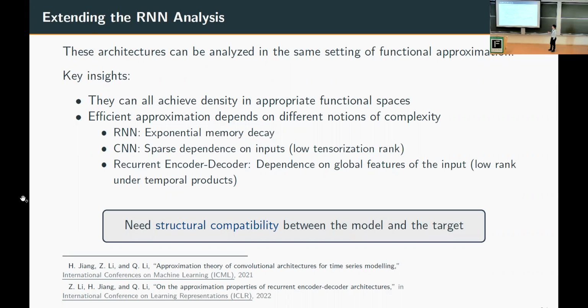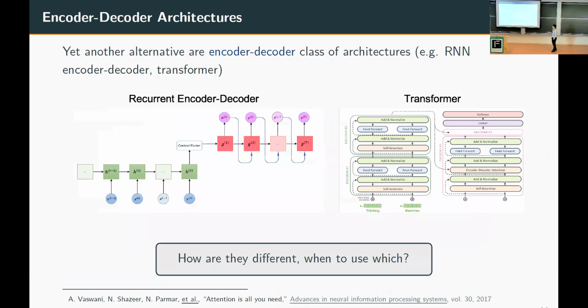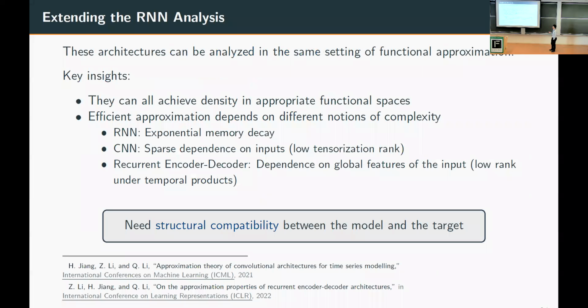And finally, we can also take this setup and analyze the recurrent encoder-decoder, which is this architecture that we talked about before. You summarize the sequence into a context vector and you decode it. And in this case, we find that the functionals that are easy to approximate are precisely those where the output only depends on some global features of the input.